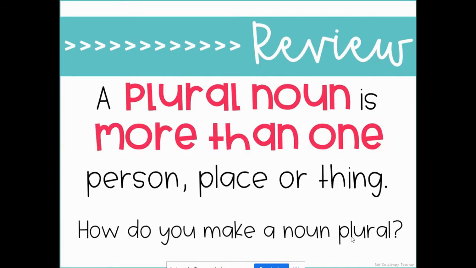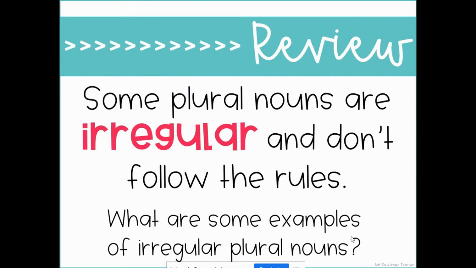Then we have regular plural nouns. That's just a noun that's more than one person, more than one place, or more than one thing. We often add S or ES, or we drop the Y and make it IES, or we leave it the way it is, or we change it to VES if it ends with F or E. Then we had irregular.